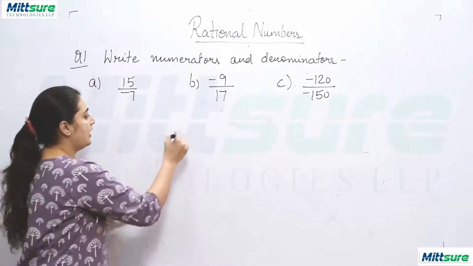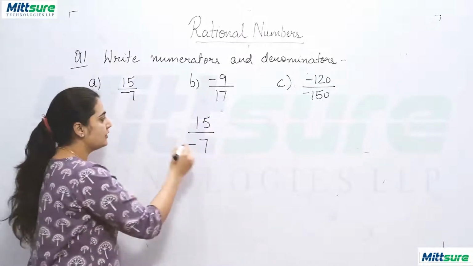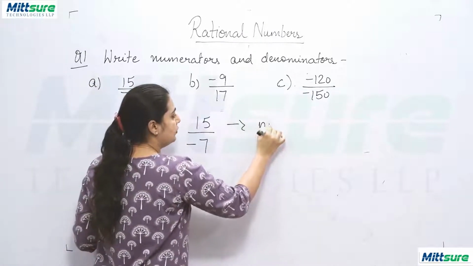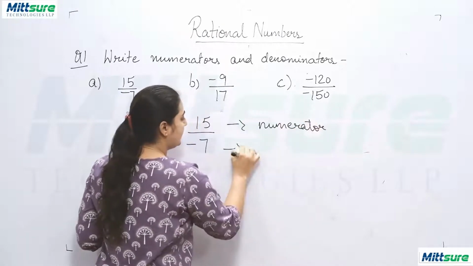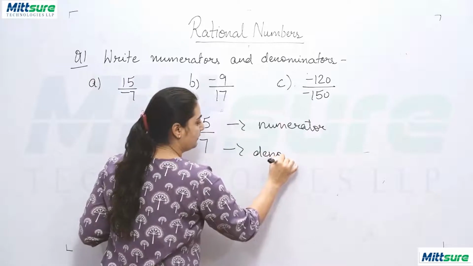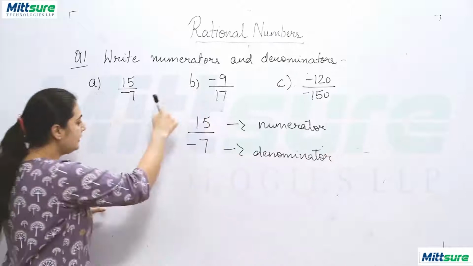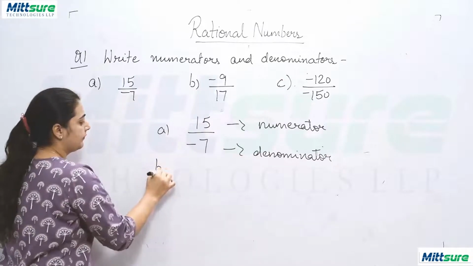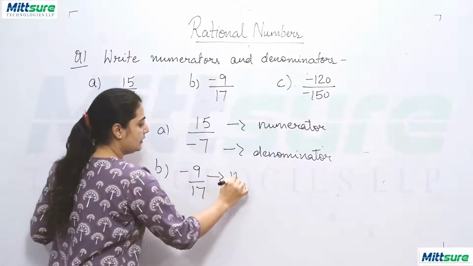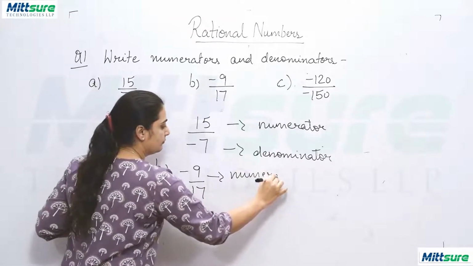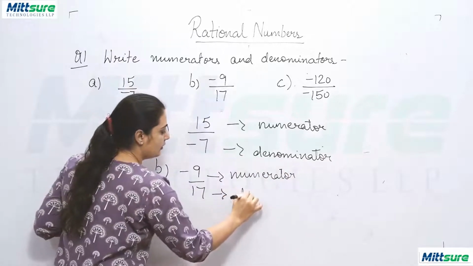Let's say my rational number is 15 upon minus 7. So certainly 15 is my numerator and minus 7 is the denominator. In the next B part, minus 9 upon 17: minus 9 is the numerator and 17 is the denominator.